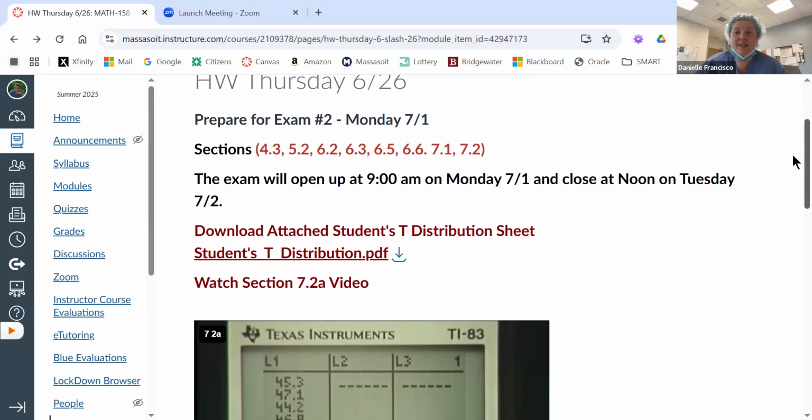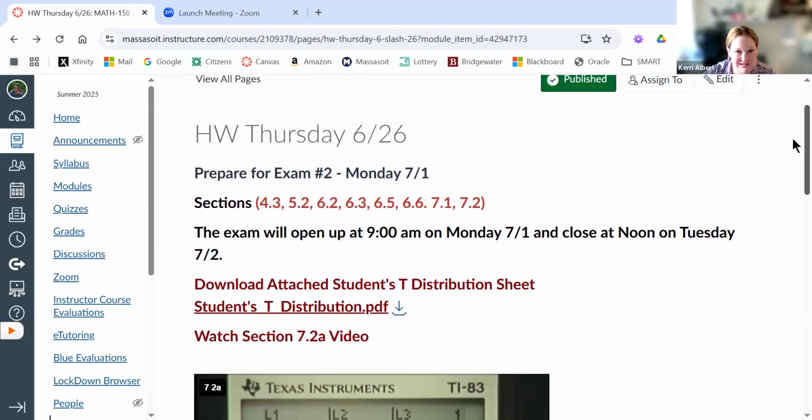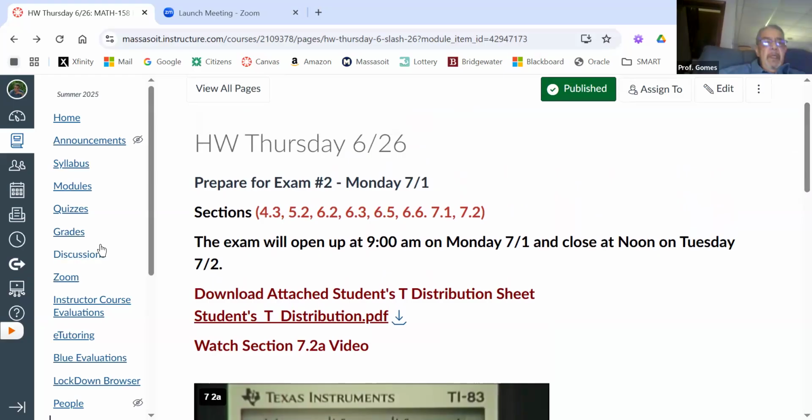Now I've got to go back and change it. I think in the syllabus it does say 6:30. I think it does too. I've got to check to find out. Let me stop sharing this. And I've got to look when officially the course ends. I thought it was 7-1. Yeah, 7-1, so 2 exams. I've got Monday to 6:30.